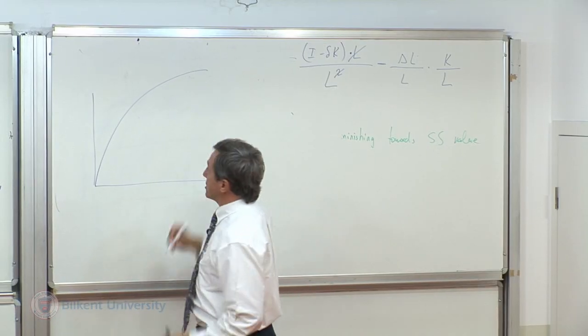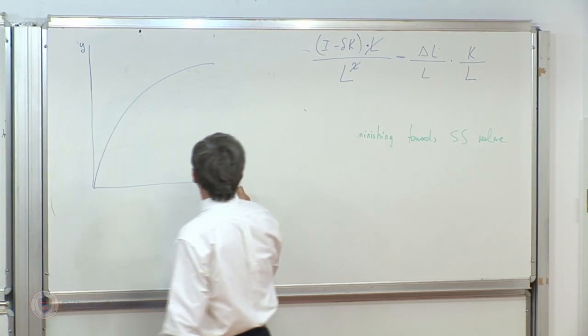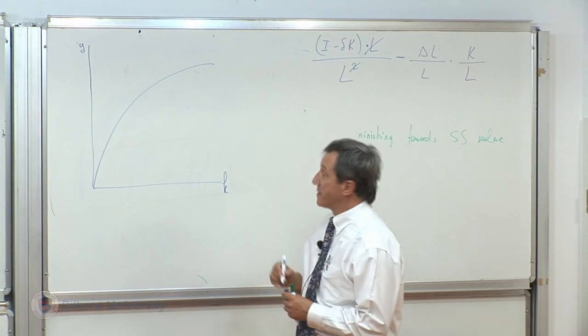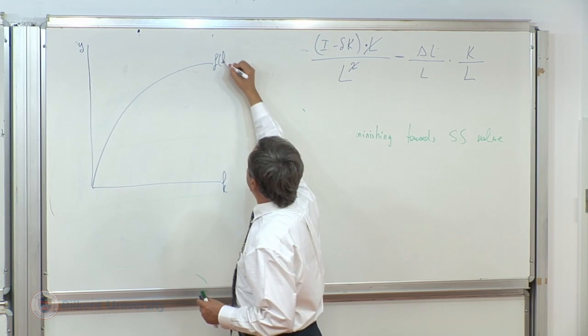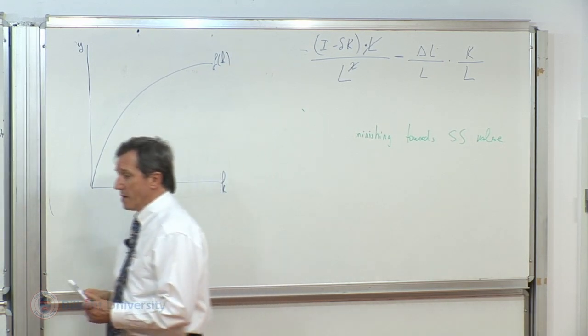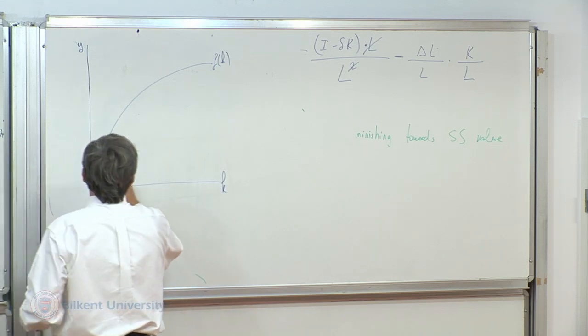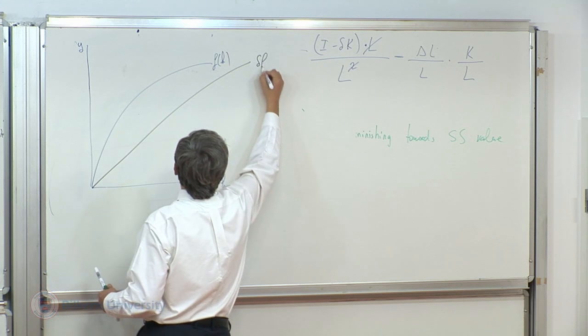This is my production function. This is output, this is capital, all per labor. This is my production function, f of k. Suppose that this is delta k.